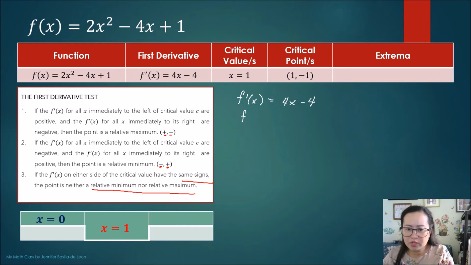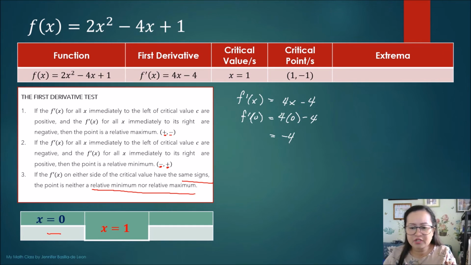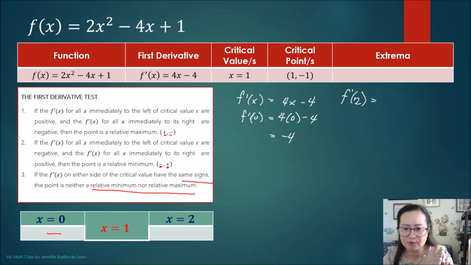Now, if we evaluate f prime of x at x equals 0, we will get negative 4. So we have a negative number. Now, considering a number on its right, let's say x equals 2. Let's evaluate f prime of x at x equals 2.